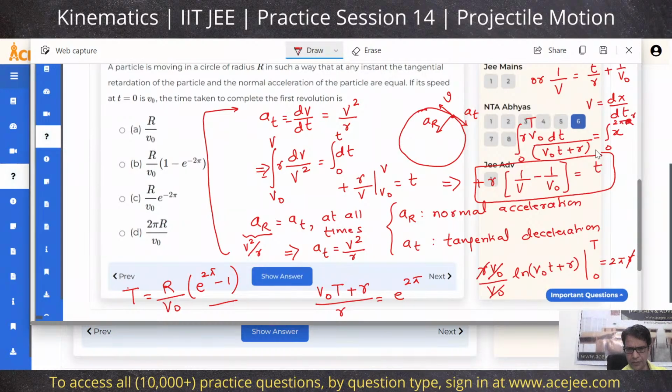So what do we have here? So we got r e to the power 2 pi minus 1. What's going on here? Can you guys spot any issue here?